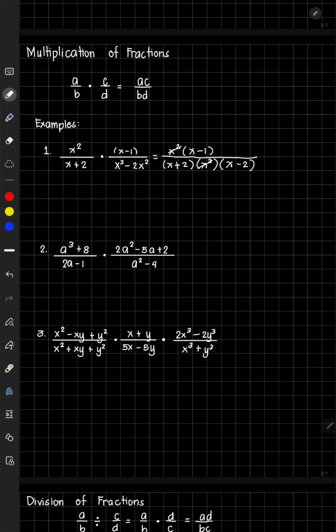We can cancel that out, and we can expand x plus 2 times x minus 2 for the denominator. So for that, we have x squared minus 4, while the denominator will still be x minus 1. And this would be the simplest form for this problem.